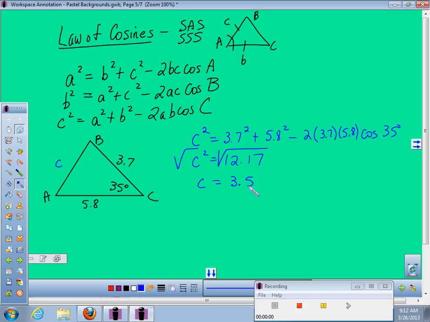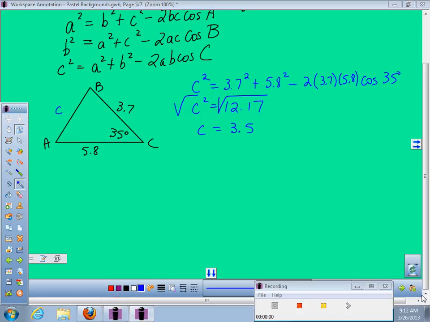That's how easy law of cosines is. But what if I said, I want you to now find the angle? You should use the law of sines, I've got to remember. Oh, boogers, okay. Well, we're going to find angle B.